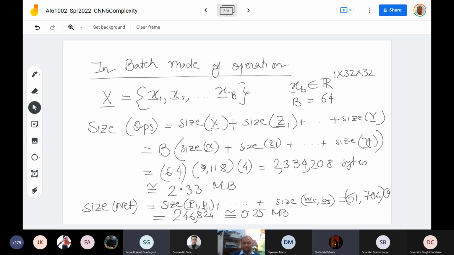In the last line, sir, in the size of net. Okay, sorry, I was mistaken. It is just that 4 is the number of bits per unit memory.